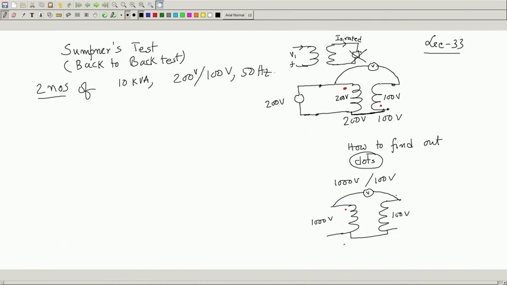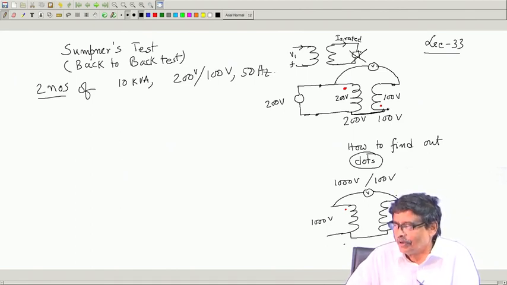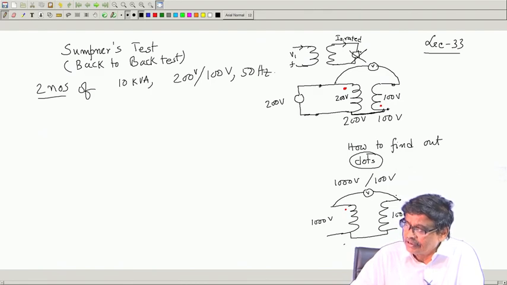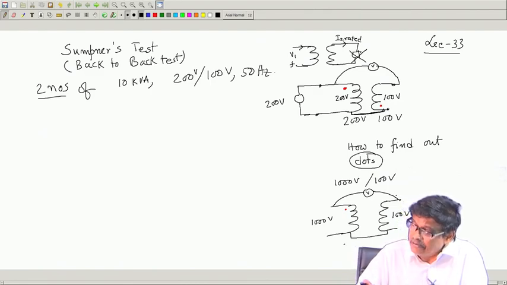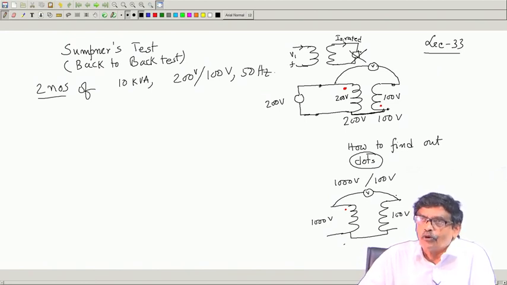But you see, with a practical voltmeter, these two voltages are close by. So, with a slight misinterpretation or somewhat wrong reading of the voltmeter, you really cannot ascertain. That is the problem. If the ratio of the voltages is high, then difference and addition become of the same order.